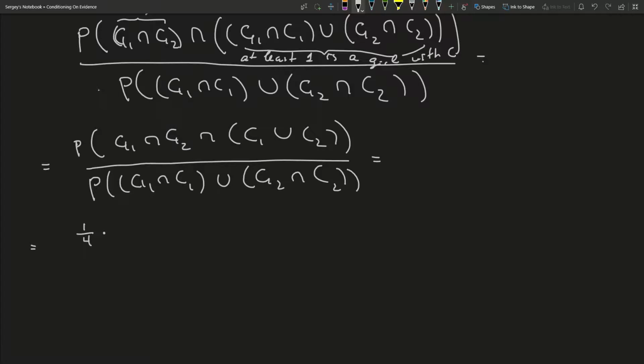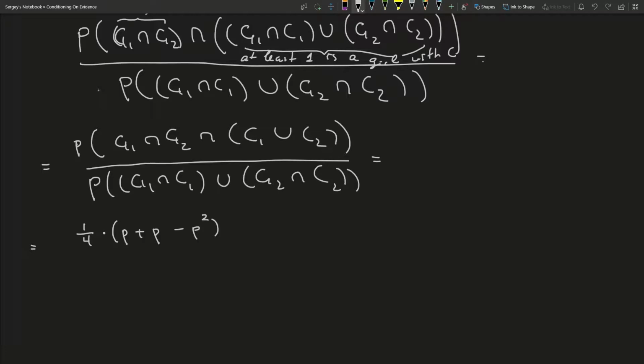And we can write that as the probability of the first set C1 plus the probability of the second set C2 minus the probability of their intersection. And the probability of their intersection C1, C2 is p squared, again, because having the characteristic C is independent between the children.